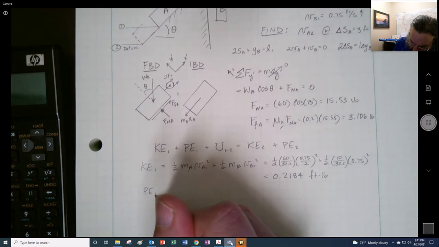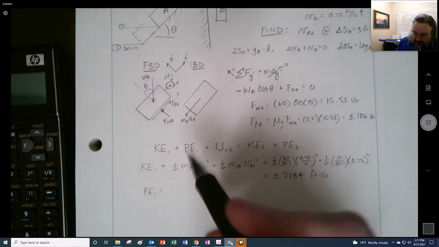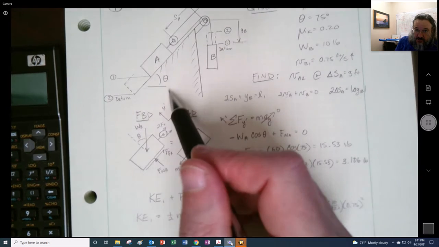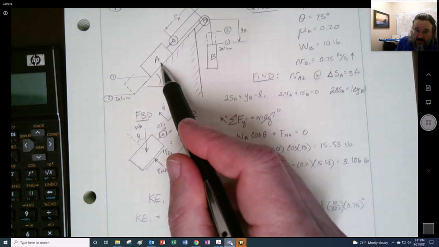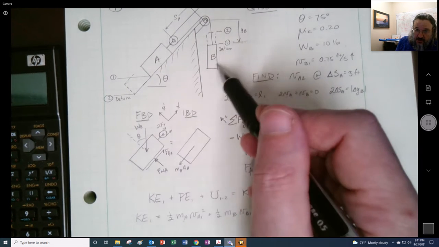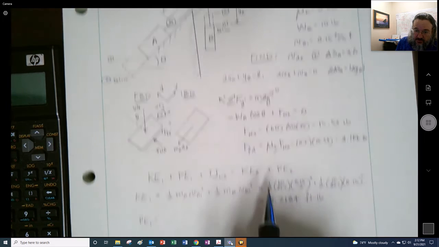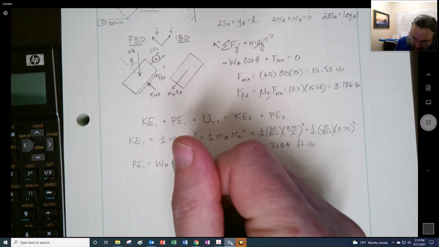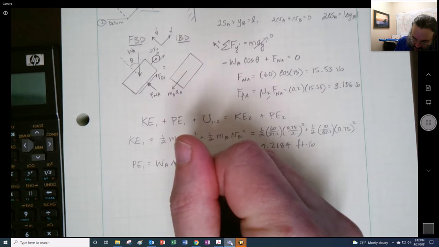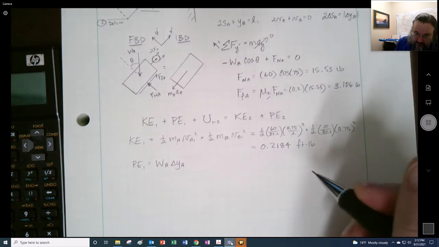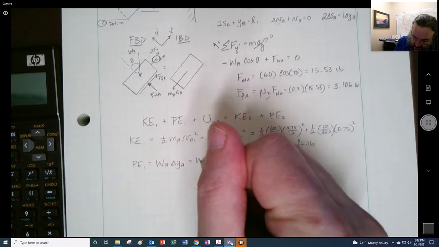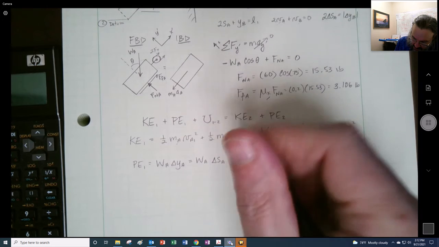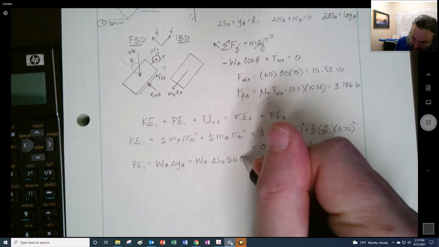Potential energy at state 1. The only thing that's changing, we said from this right here, is that we're going to start off with potential energy here. This is going to have potential energy, then it's going to have 0. This starts out with a 0 and it's going to have some. So it's only going to be the weight of A times its delta YA, and it turns out that that's going to be delta SA times the sine of theta.